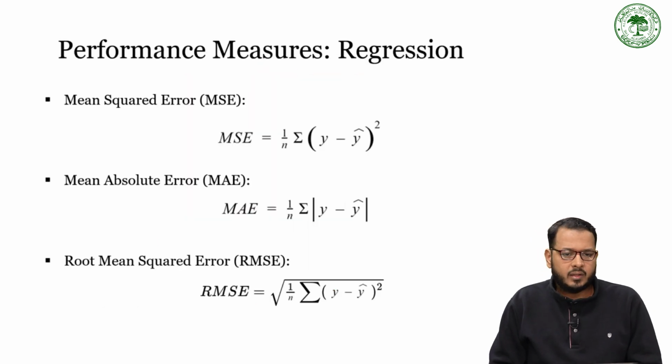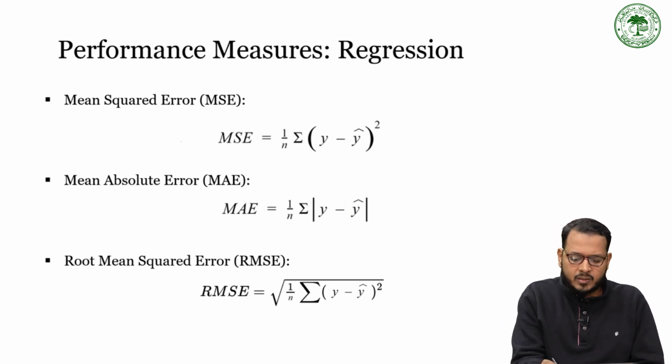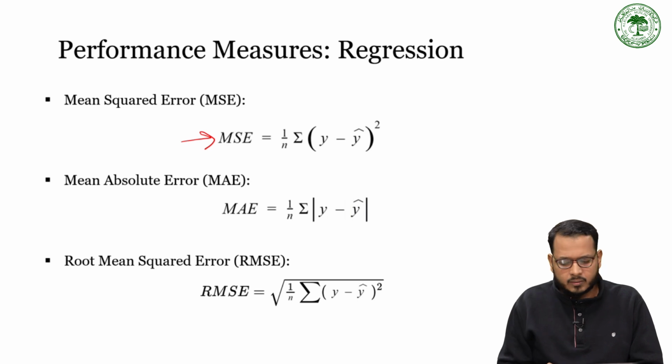For regression, there are other error measures also, which are similar to mean squared error, but they give us different values. So this is our MSE, mean squared error, that we have already discussed.